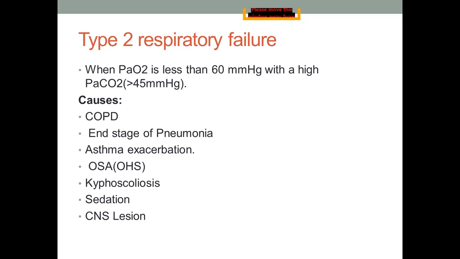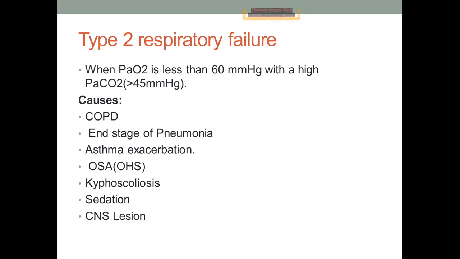And also asthma exacerbation. When chronic asthma behaves like COPD, patients can retain CO2 during exacerbation.